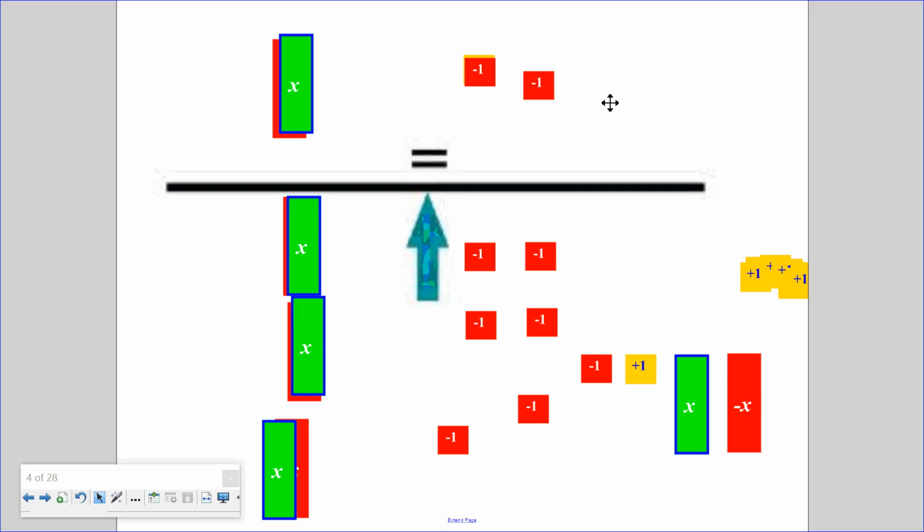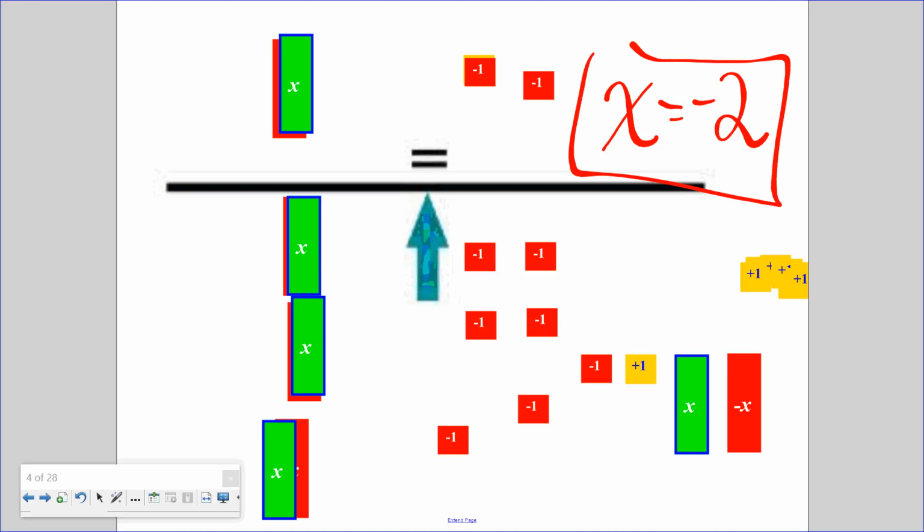So x is equal to negative 2. Let's check our work. If I replace each x with negative 2, will it be equivalent? Check mark.